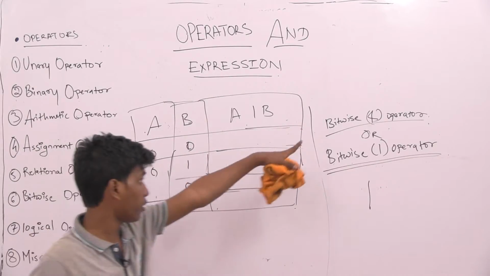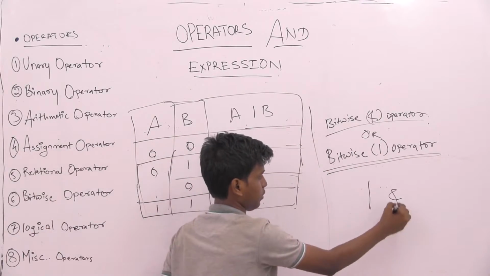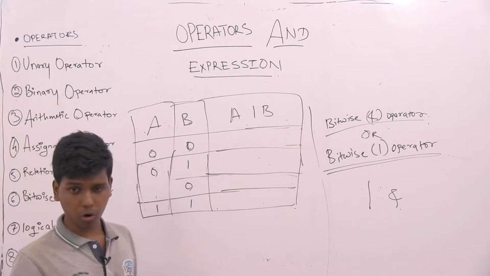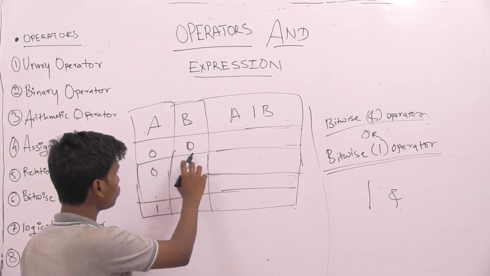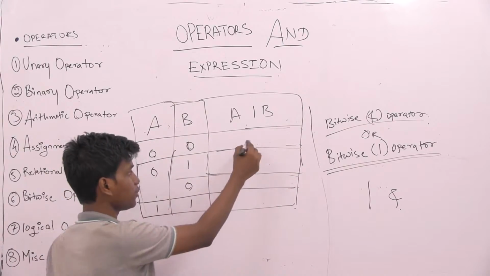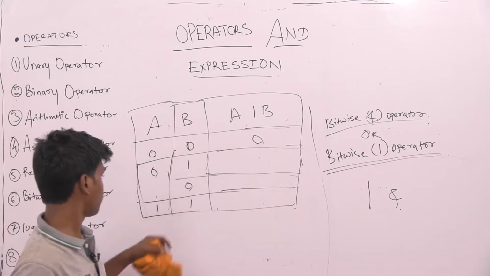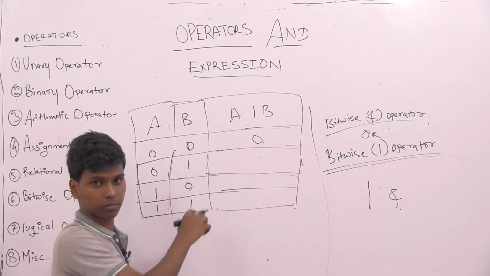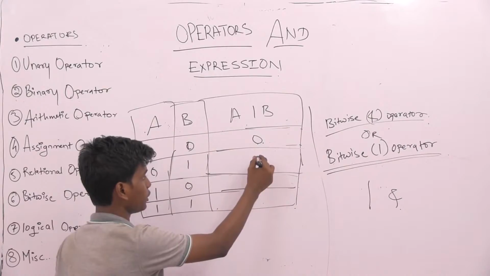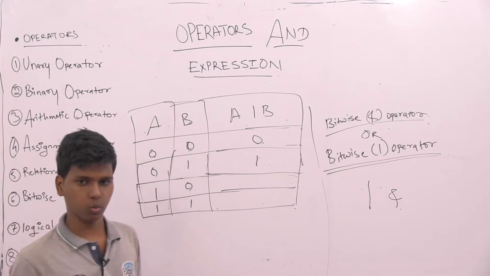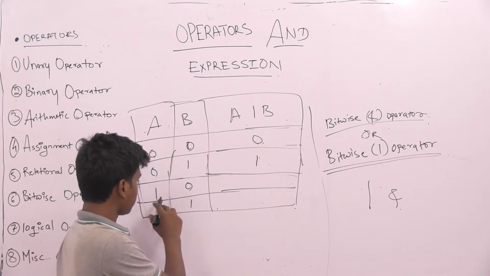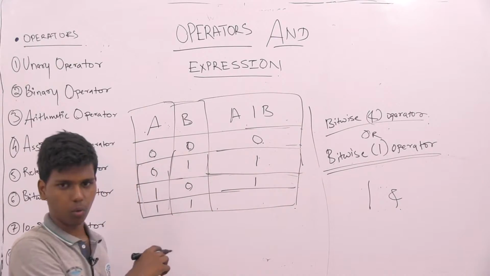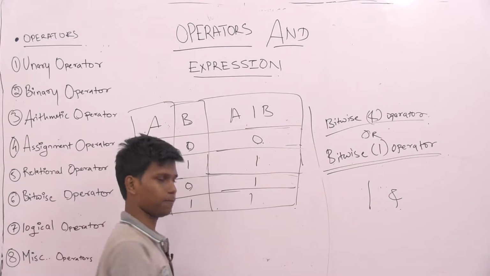And the bitwise AND operator is represented by ampersand. Got it? So in the bitwise OR operator, 0 and 0 gives the value 0. 0 or 1 becomes 1, 1 or 0 becomes 1, and 1 or 1 becomes 1.